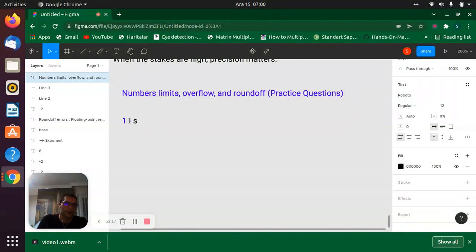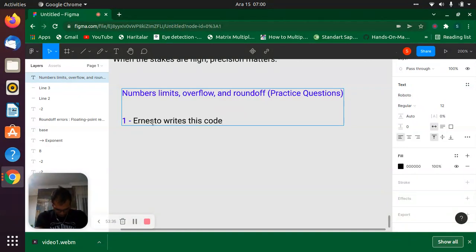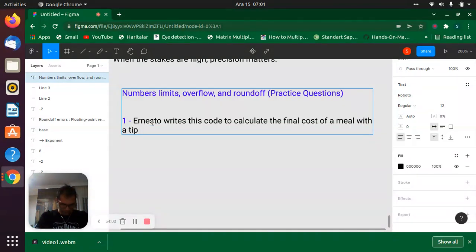Let's come here and write: Ernesto writes this code to calculate the final cost of a meal with a tip of 20%.